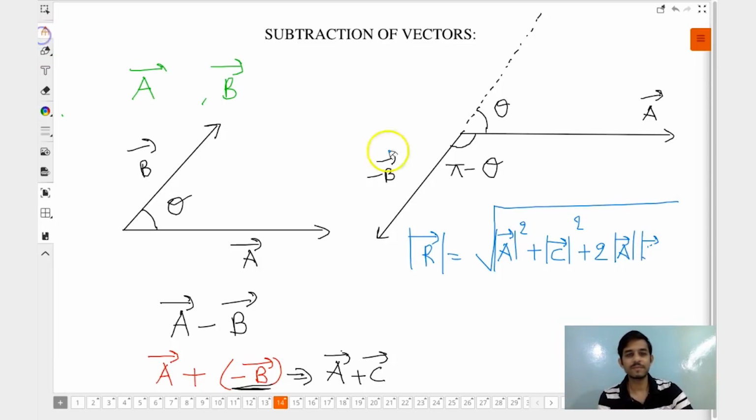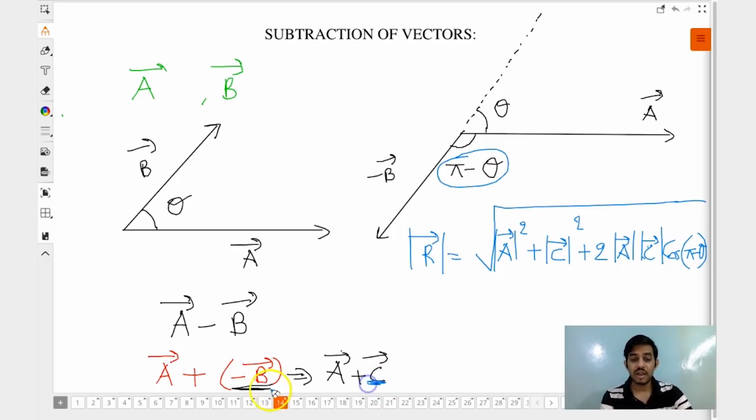It will be mod C into cos of pi minus theta. Remember this guys? क्योंकि अब जो हमारा A vector and C vector है उनके बीच में angle कितना है? Pi minus theta. But guys, C vector and B vector, or minus B vector, have the same magnitude. So mod R, what will it become?